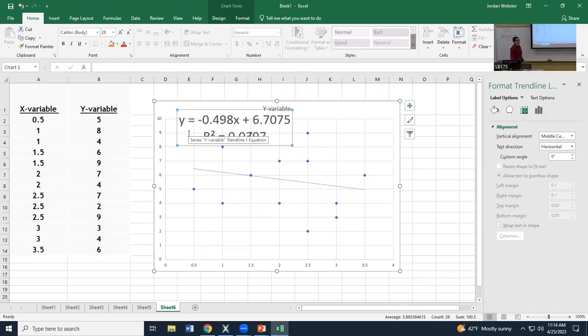Everybody see that? It's 0.0397. Now, neither of these are very good. Okay? Neither of these are very good, but I just wanted to point that out. That the R squared, maybe an exponential might fit just slightly better than a linear. Or maybe a linear might fit slightly better than an exponential. Does that make sense?